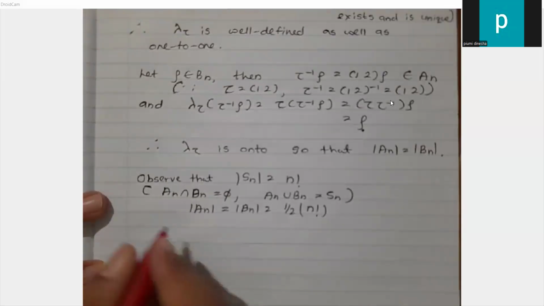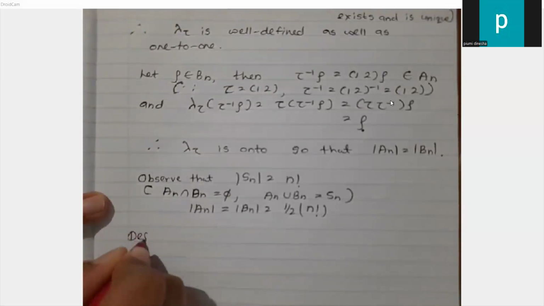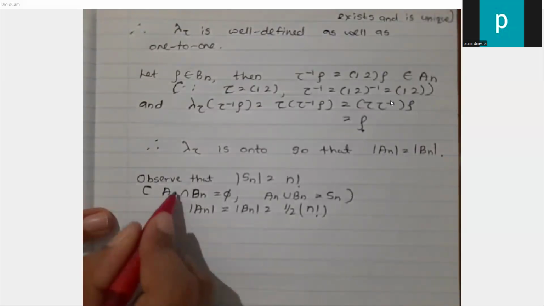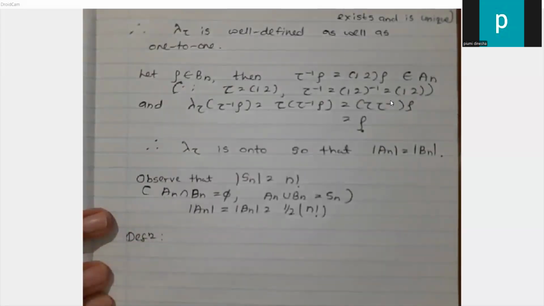Okay, with this we'll go to a definition. Now we are going to define the alternating group, which is this An that we have seen so far.